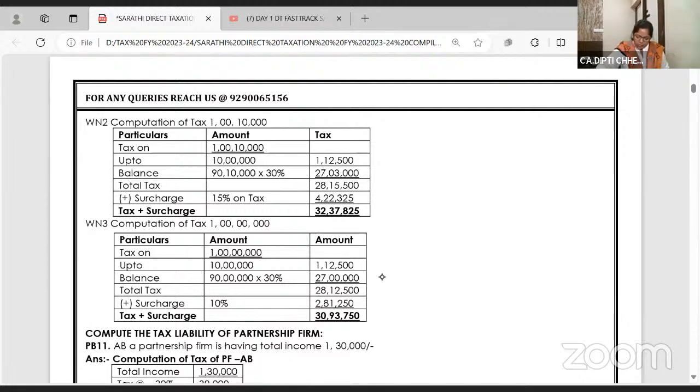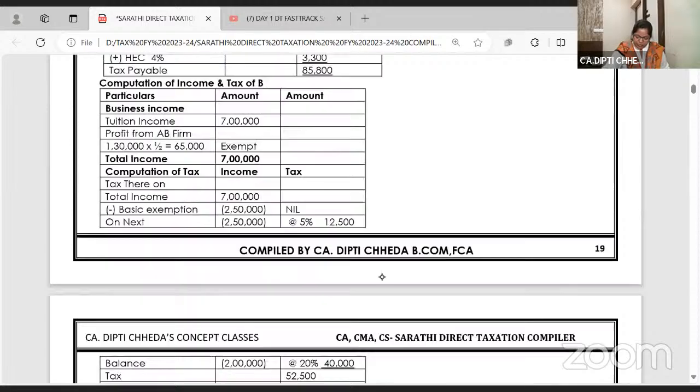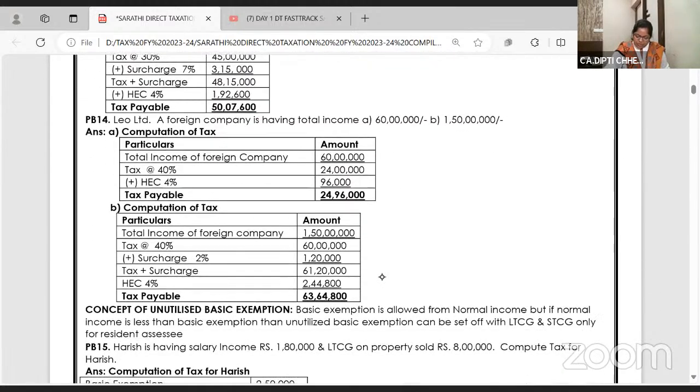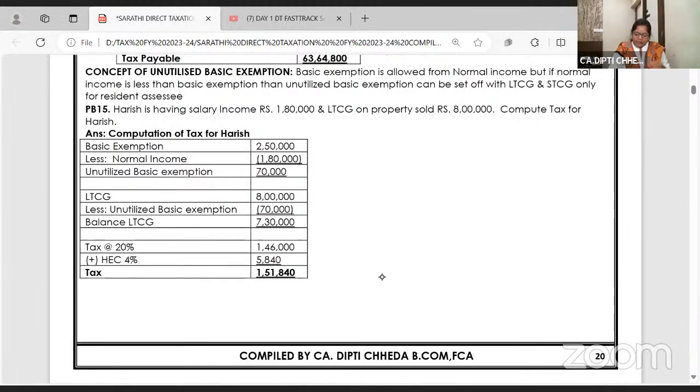Let us go to a very nice concept of unutilized basic exemption that I want to take up first. What do you mean by basic exemption? Up to 2,50,000 tax is not there. Now, what is unutilized basic exemption? Harish has a salary income of 1,80,000, but basic exemption is 2,50,000. So what is the unutilized basic exemption? Basic exemption is still remaining. How much? 70,000. Long term capital gain is 8 lakh. Can I set off unutilized basic exemption in long term and short term capital gain?